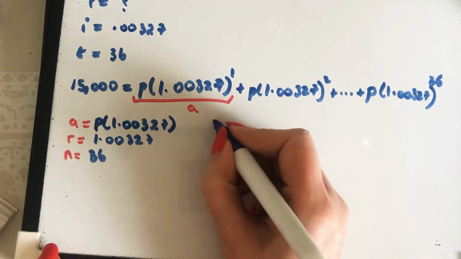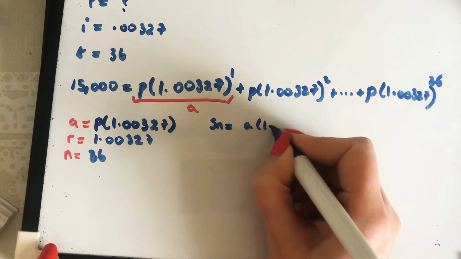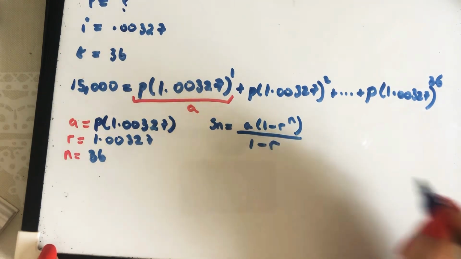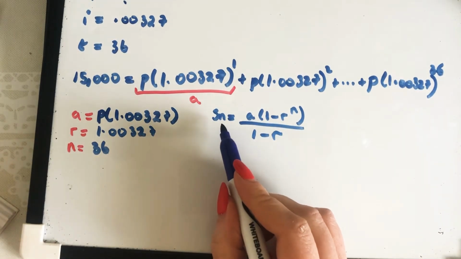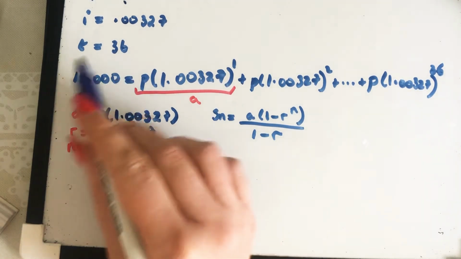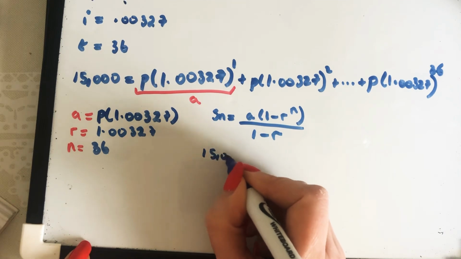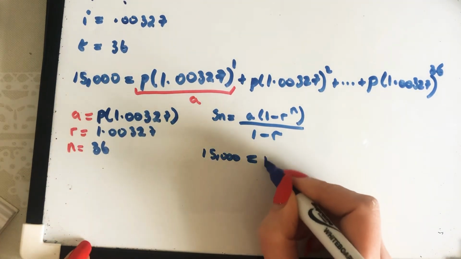That's that part done. Next of all, we're going to input these into our geometric sequence formula. So we have Sn is equal to A(1 − R^N) all over 1 − R. So let's input this. Well, we know that Sn is the sum of the total number of terms, of 36 terms in our case, and it's 15,000. So we're going to write down 15,000 is equal to our A, which is this.